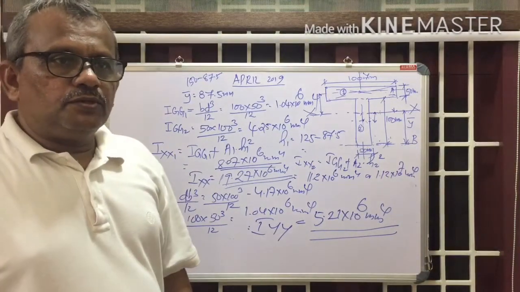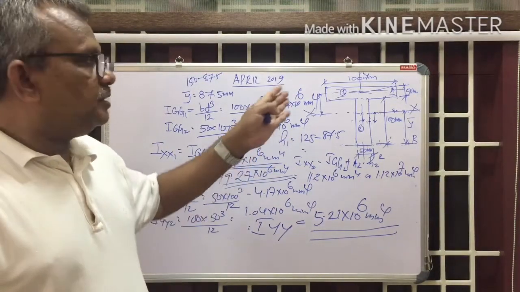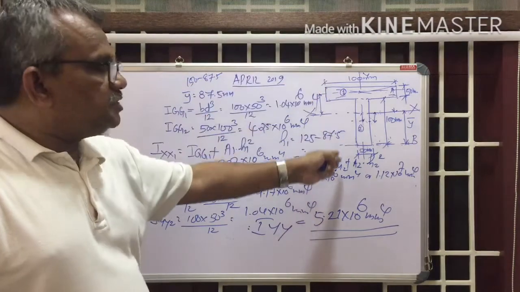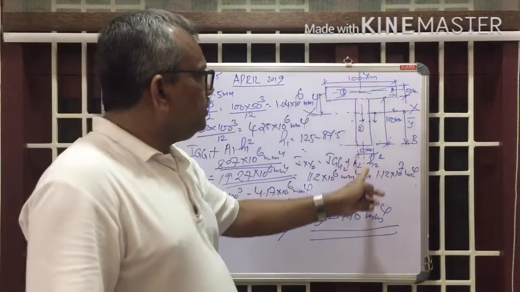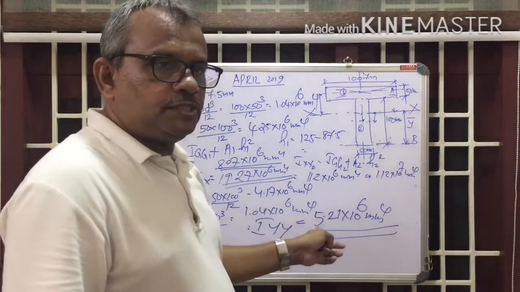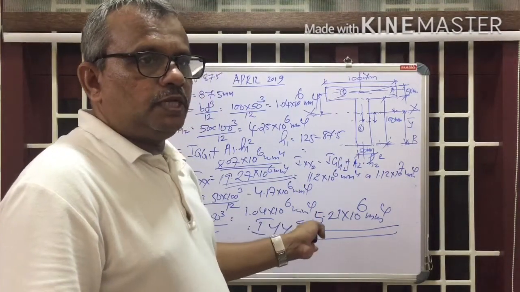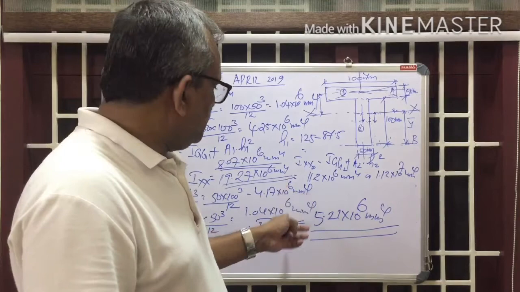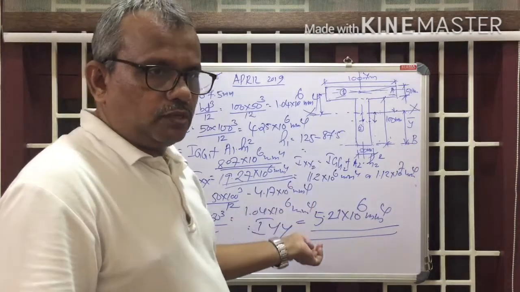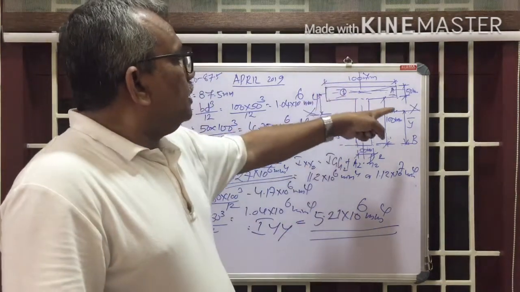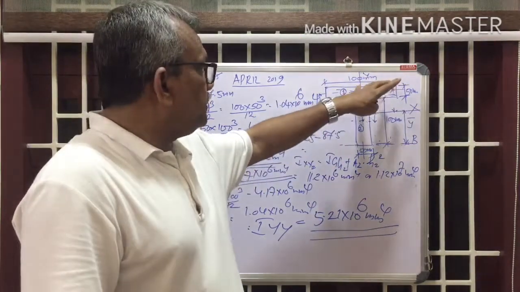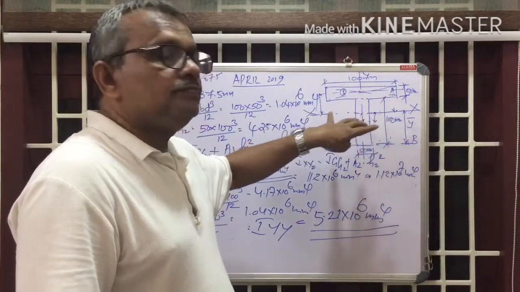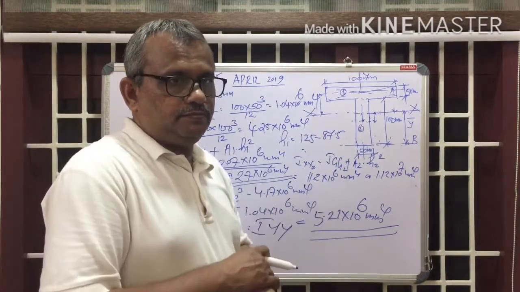So first you check whether the section is symmetrical about xx or yy. If it is symmetrical about yy, no need of considering the parallel axis theorem. Directly take the formula d b cubed by 12, calculate and add together to get the total. Otherwise, if it is unsymmetrical, as in this case about xx, find Ixx1 and Ixx2 separately and then add them together.